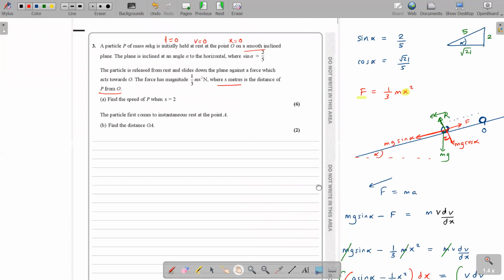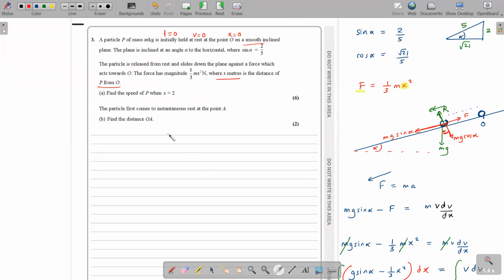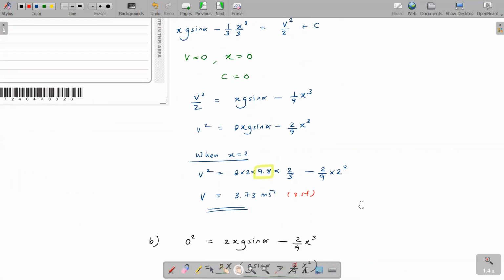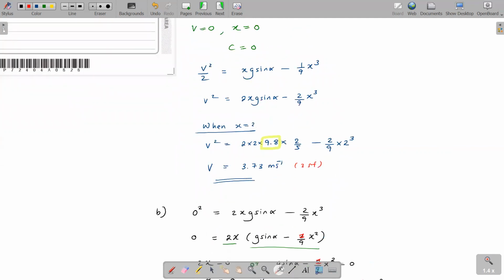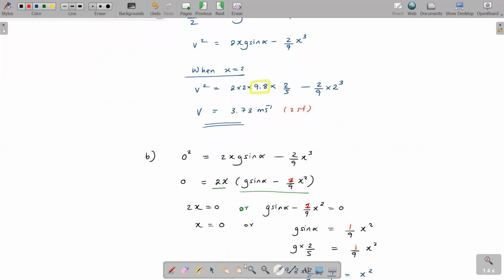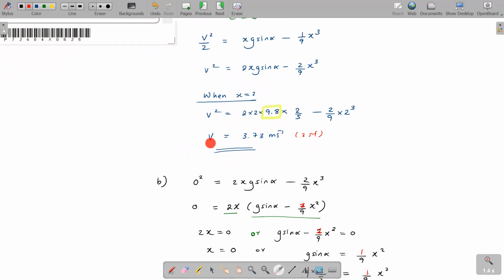And then moving on to part B. 2 marks, the particle first comes to instantaneous rest at the point A, find the distance OA. So when the particle comes to instantaneous rest, guys, you know what you should do here, right? And it's just 2 marks, so it should be pretty obvious. I set the velocity to 0, right? Because if it's to come to rest, then it means the velocity should be 0 at some point.